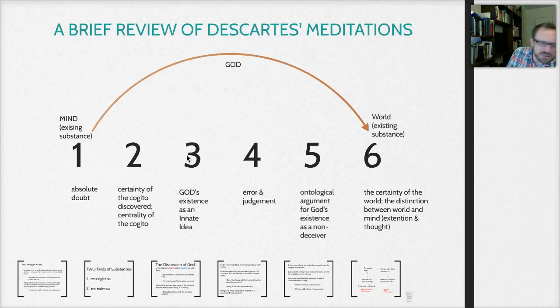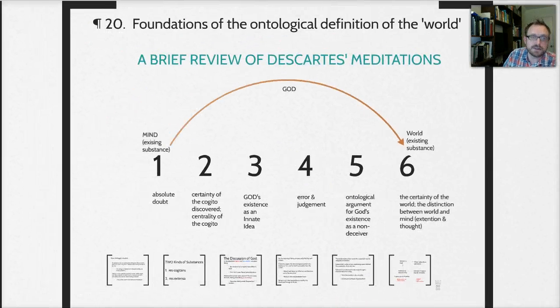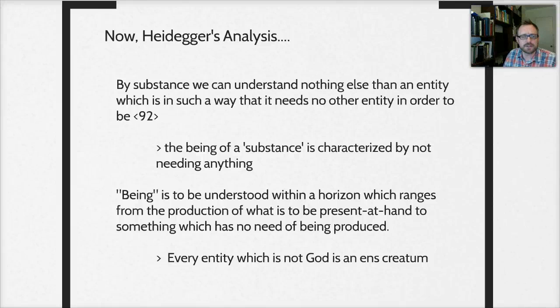Now, it's a really quick, brief overview, but at least I want to sort of set the stage and prime you for Heidegger's discussion and critique, ultimately, of Descartes. So what is Heidegger's analysis? Well, by substance, we can understand nothing else than an entity which is in such a way that it needs no other entity in order to be, right?